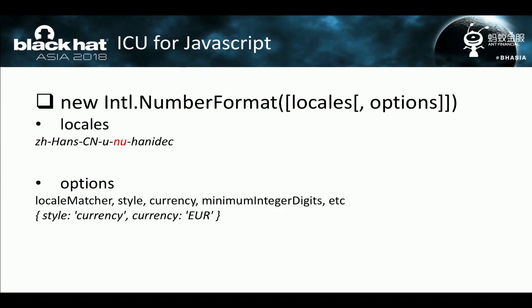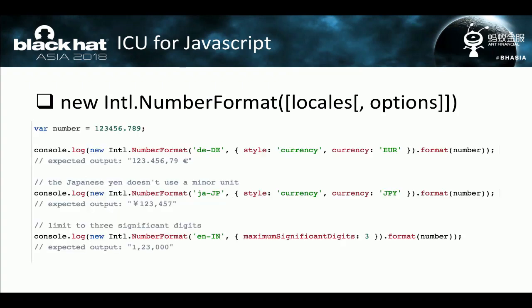In this number format, the properties can be locale matcher, style, currency, minimum integer digits, and some others. For example, we create a new number format with DE plus DE as locales, currency as style, and EUR as the currency.